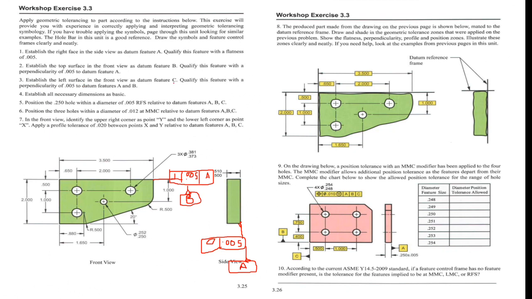Then third is the left surface as datum feature C, perpendicular to datum features A and B. For this, this is my perpendicularity of 0.005 with A and B, and that would be my datum C, and this is my datum reference frame, DRF, with this surface, and this is my datum feature C. Then all the necessary dimensions as basic.